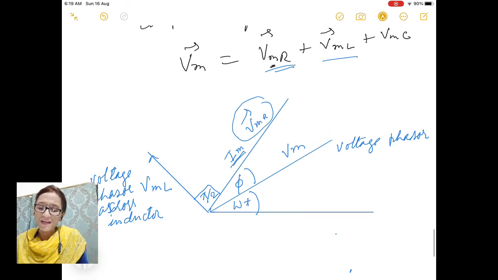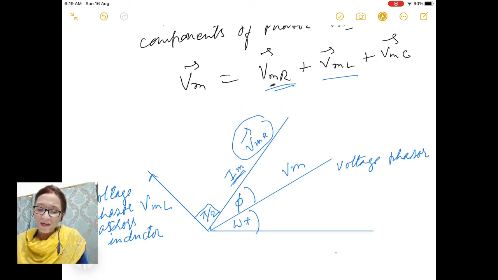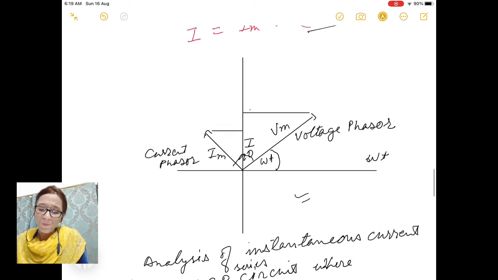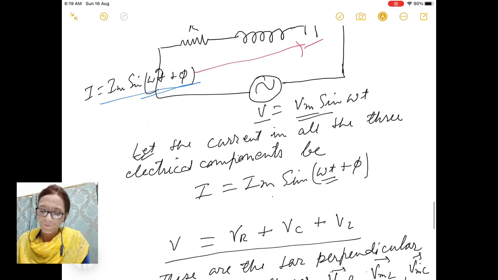And similarly, you can find voltage phasor in a capacitor. We know that in a capacitor, the current phasor leads the voltage phasor by pi by 2. Here you have capacitive circuit. Current is leading by pi by 2 from its voltage phasor. This is your current phasor. So in a capacitor, let me write here C subscript for capacitor.